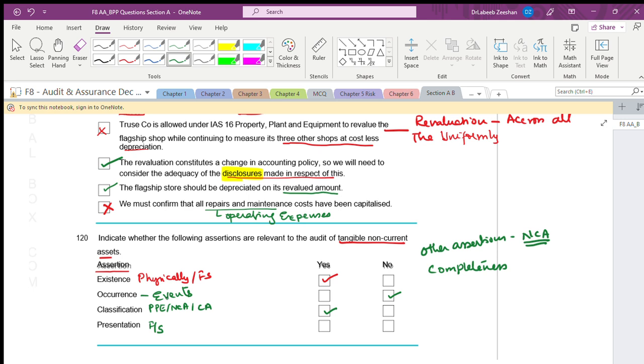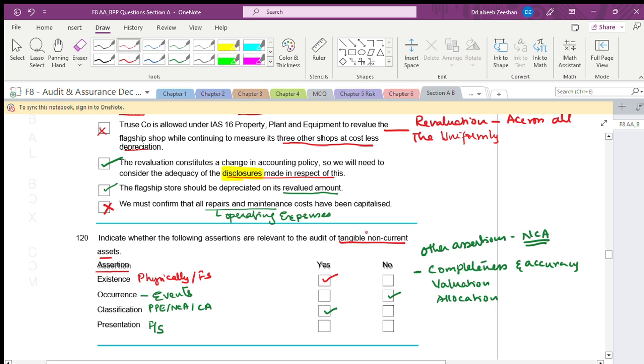Your completeness, and in terms of accuracy, we have valuation. Valuation should be done. And most importantly, we are talking in terms of allocation. These are the other different types of assertions related to non-current assets.